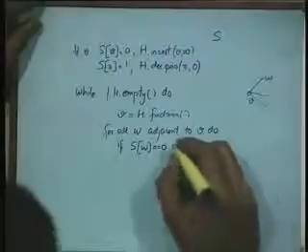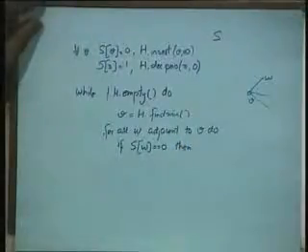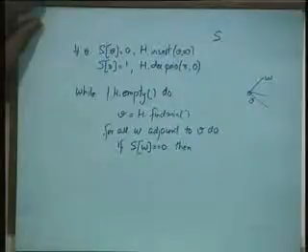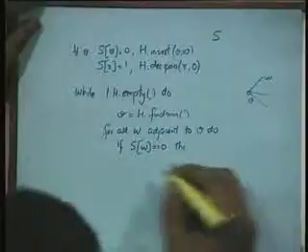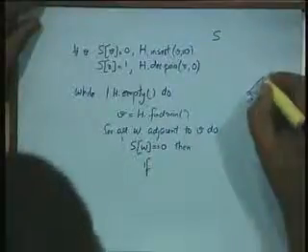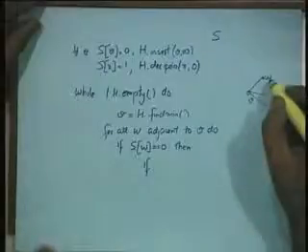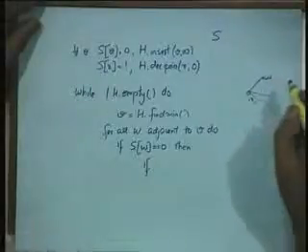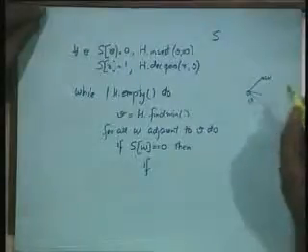Then what should I do? Then I have to update its priority, right? What is the condition here? If label of W is greater than length of V comma W.